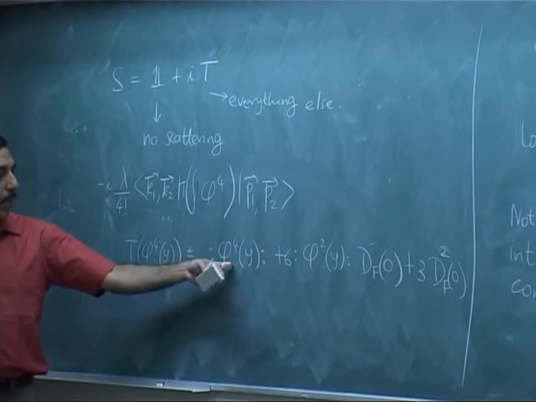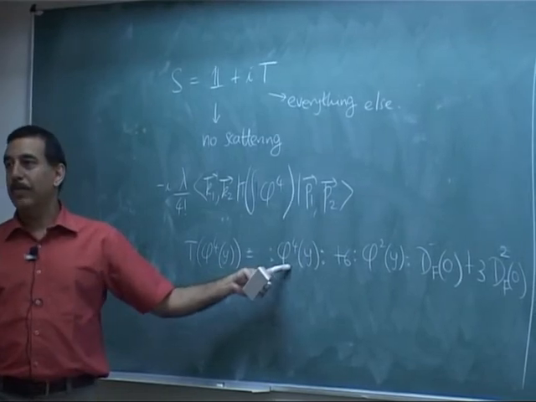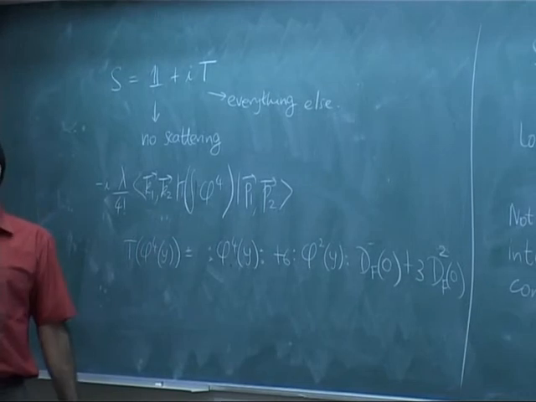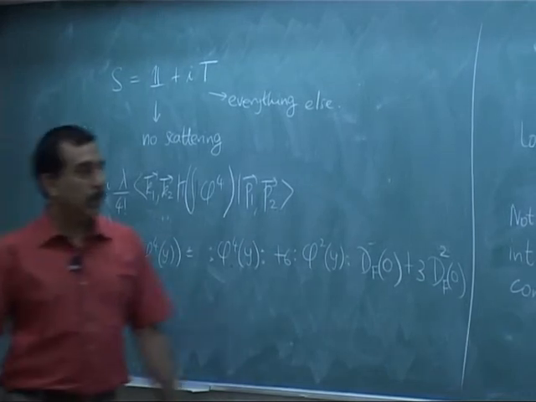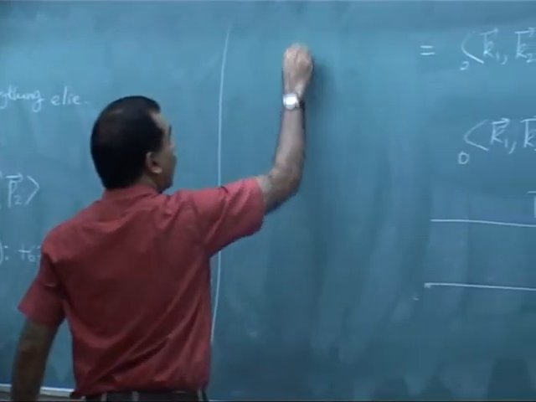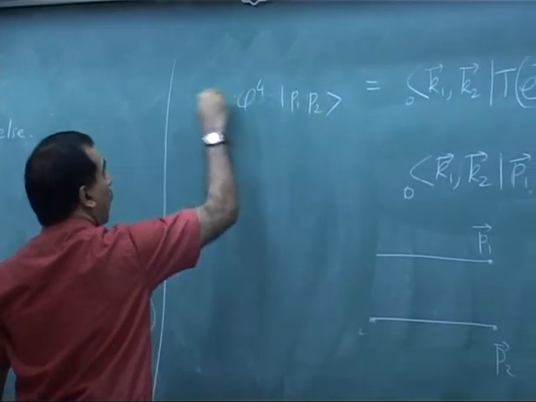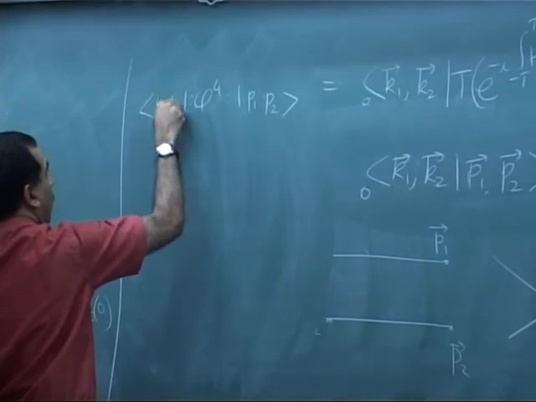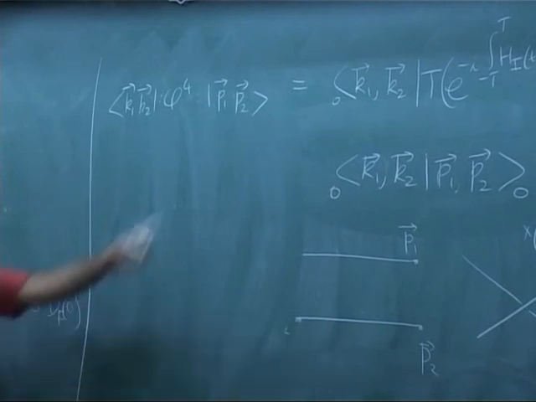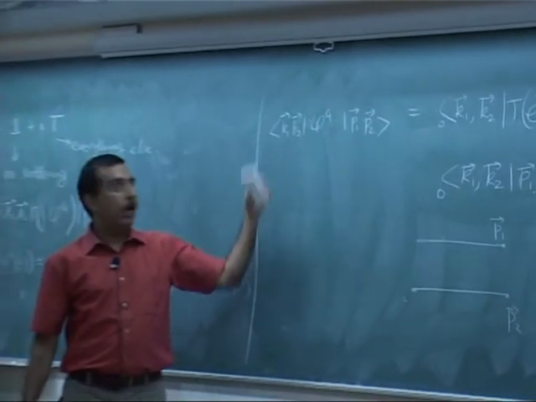So this term, if it had been between vacuum to vacuum, would have vanished because of the definition of normal ordering, but it's not vanishing between 2 particle to 2 particle state. In fact, it's simple to check that between a 2 particle to 2 particle state, the only term of phi fourth which does contribute is the one which destroys these 2 particles and then creates back 2 particles. And what term is that?